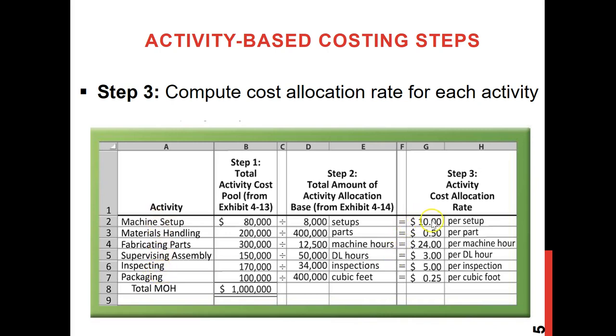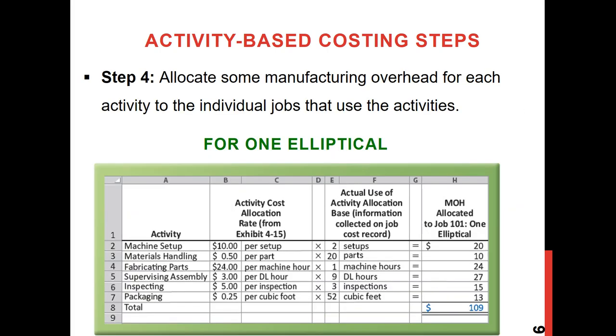So once we know the predetermined overhead rates for every activity, then we can multiply our actual amount of allocation base with those predetermined overhead rates for one specific job.